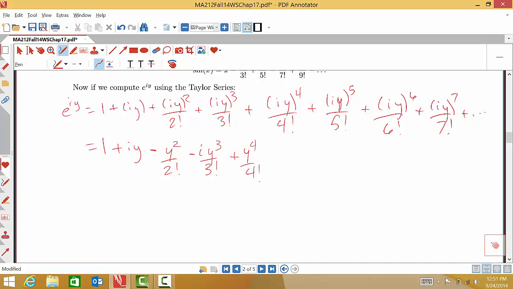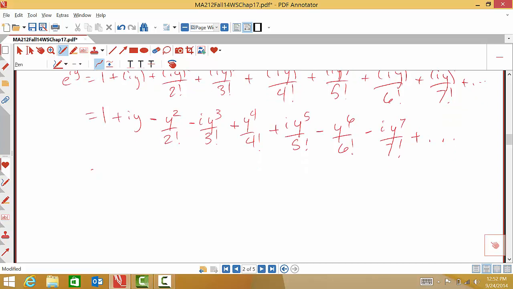The next term is i to the fifth, that's plus i y to the 5 over 5 factorial. i to the sixth is the same thing as i squared, so that's minus y to the 6 over 6 factorial. My i to the seventh is the same thing as i cubed, and that's minus i y to the 7 over 7 factorial, and so on and so forth.